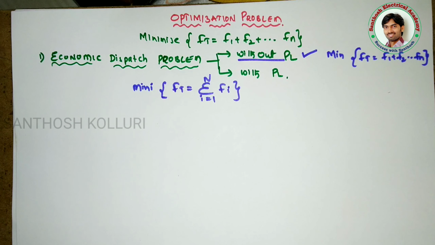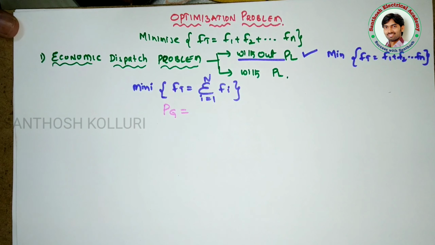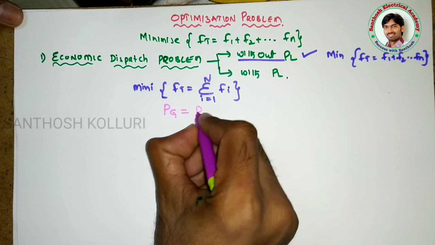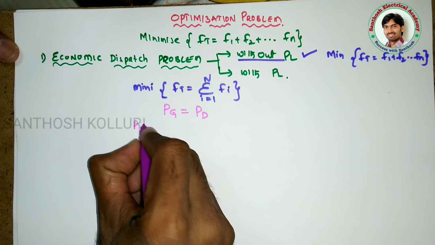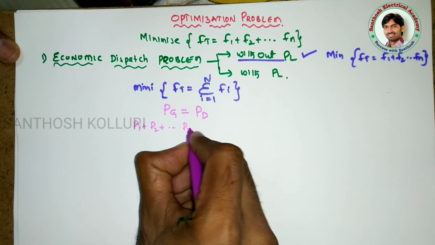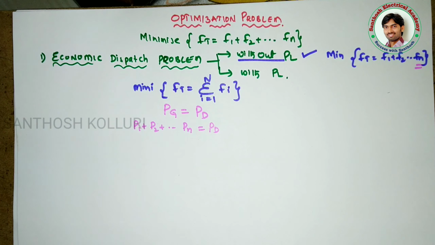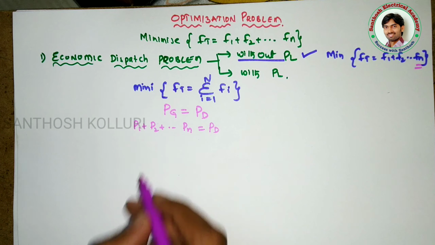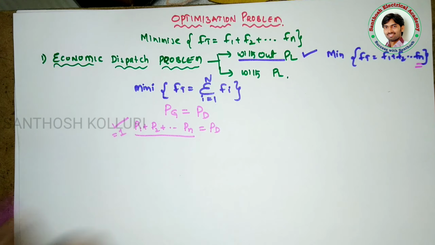Now if I use equality constraints, then the total generated power Pg is equal to the demand power Pd. That means P1 plus P2 plus so on up to Pn, taking n number of generators, is equal to the demand Pd. All the units are on. Unit commitment says that all the units are in status 1.